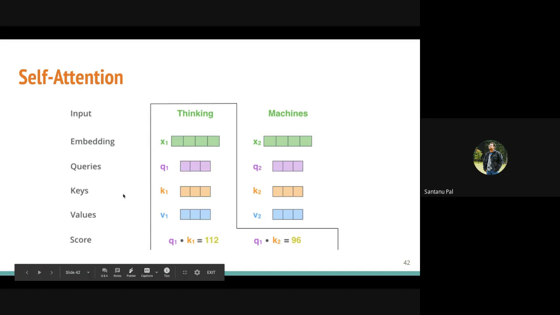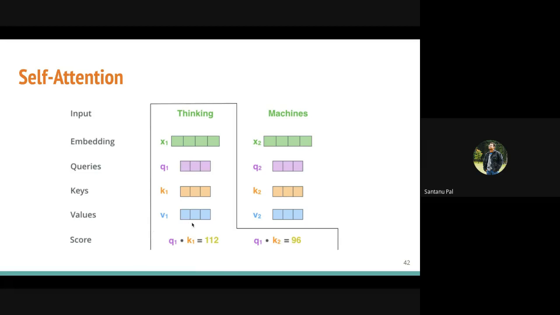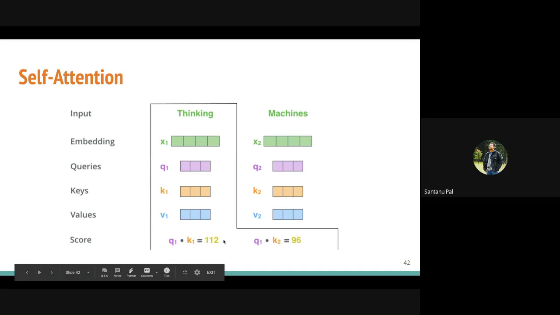Now, input, embedding, query, key, value, and then for attention, we know that query and key use a dot product. Let's say the dot product is, in this case, for thinking machine. Query and key give 112 and 96 for the query thinking. The attention weights for thinking with machine is 96, and thinking with thinking it is 112.